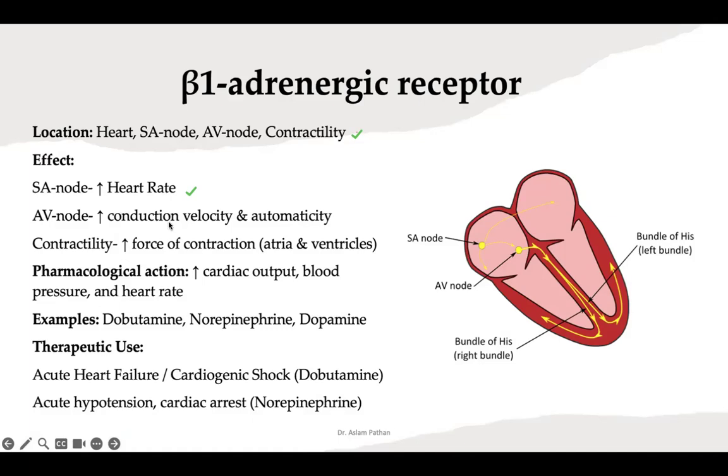It increases the conduction velocity and automaticity due to activation of AV node, and increase in the contractility, increase in force of contraction, in both atria and ventricles.